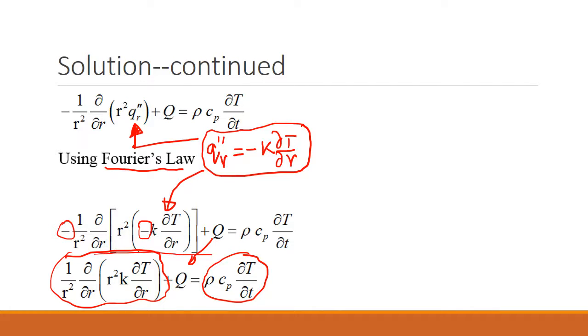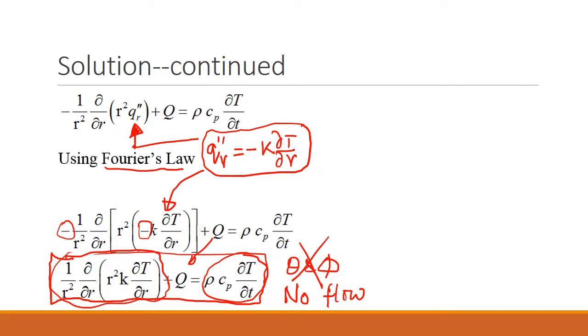So all together now we have the heat equation with only the r direction. We have dropped out theta and phi. If we kept them, we'd get more terms. We also have dropped out the flow, so the velocity convection part has been dropped out, just to keep life easier.